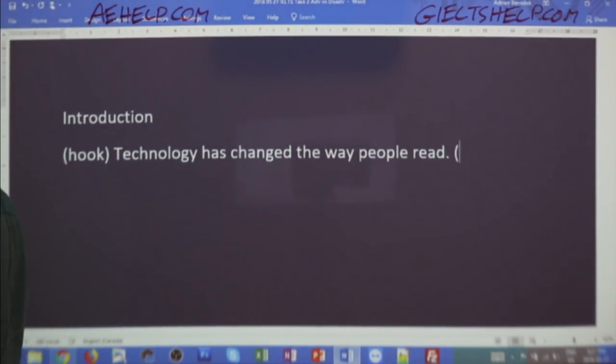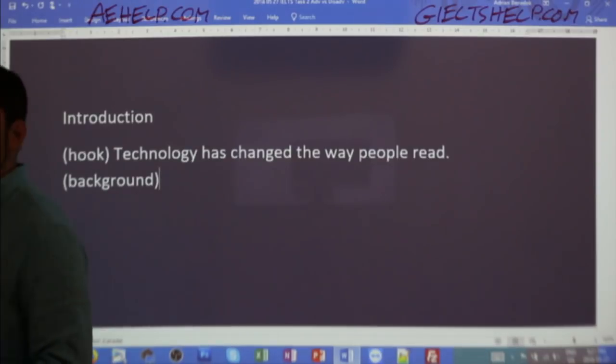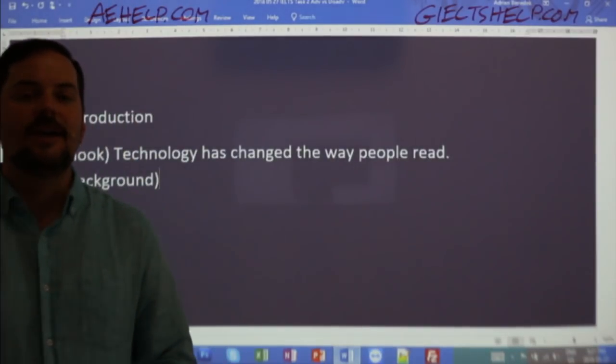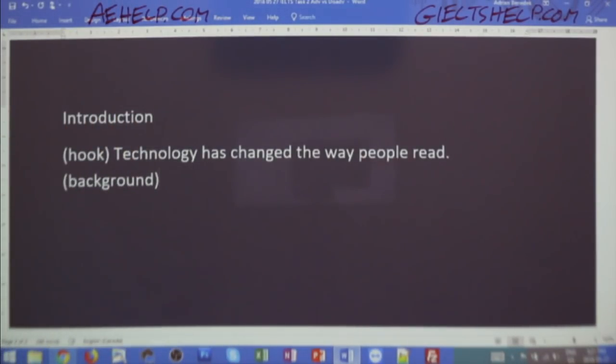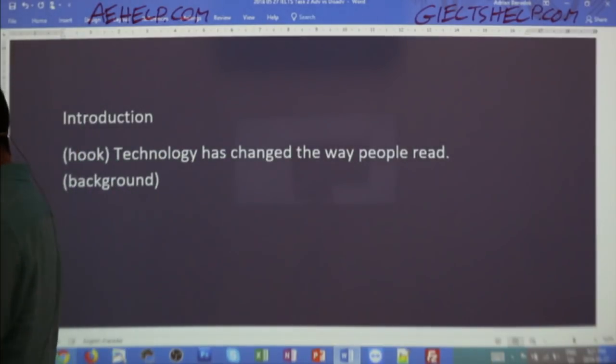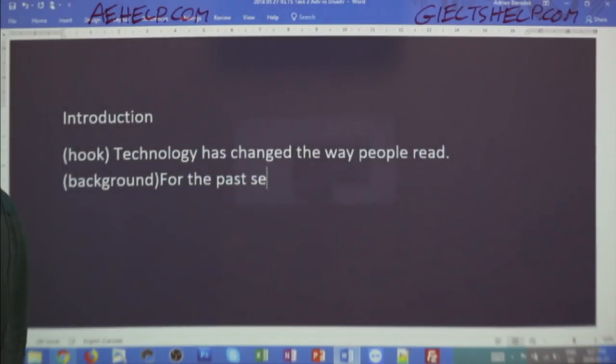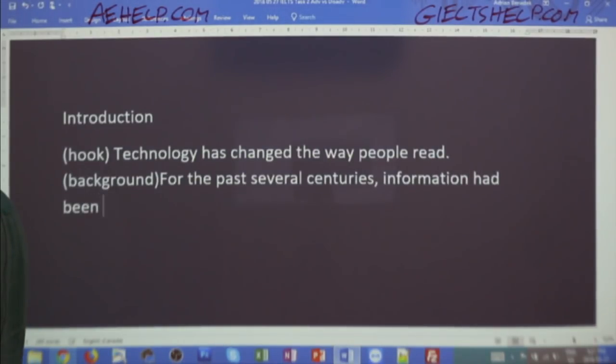All right, and then we go for the background. Now remember, the background is the explanation for what we're talking about and the importance of the topic, right? So for the past several centuries, information had been written on paper.